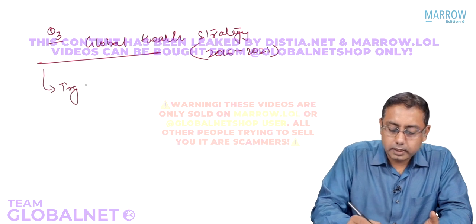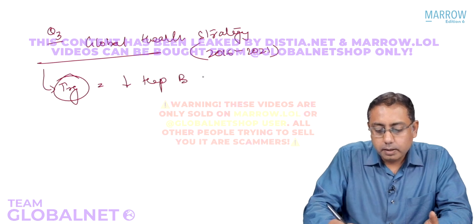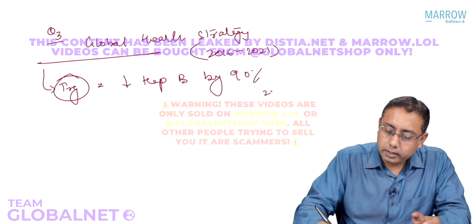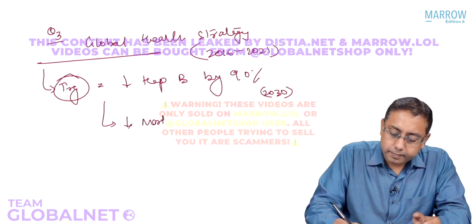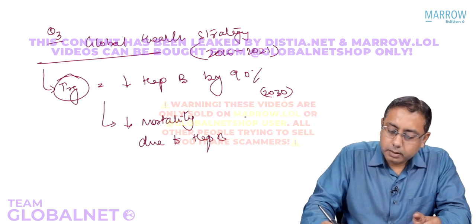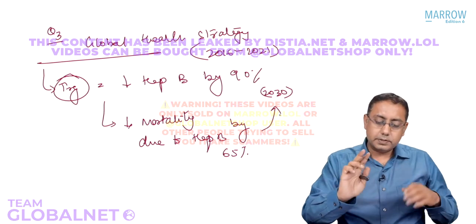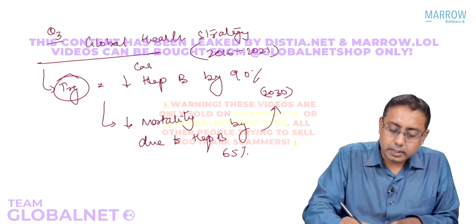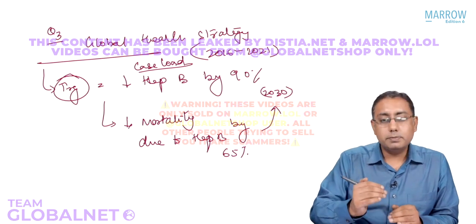The targets of the WHO Global Health Strategy are to decrease hepatitis B cases by 90% by the year 2030, and also to decrease the deaths or mortality due to hepatitis B by 65% by the year 2030. So there are two objectives under the Global Health Strategy: caseload of hepatitis B to be decreased by 90% and deaths to be decreased by 65%.